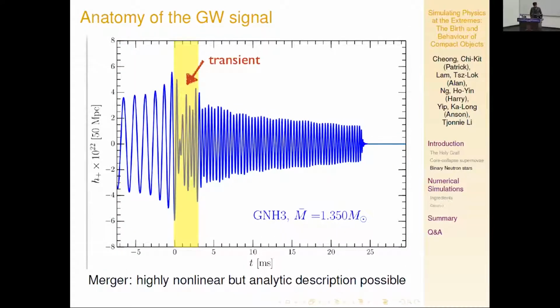However, in this merger phase, this is highly nonlinear, and it is impossible to express the waveform during this stage accurately with some analytic expression. So it is better to have numerical simulations from this stage.